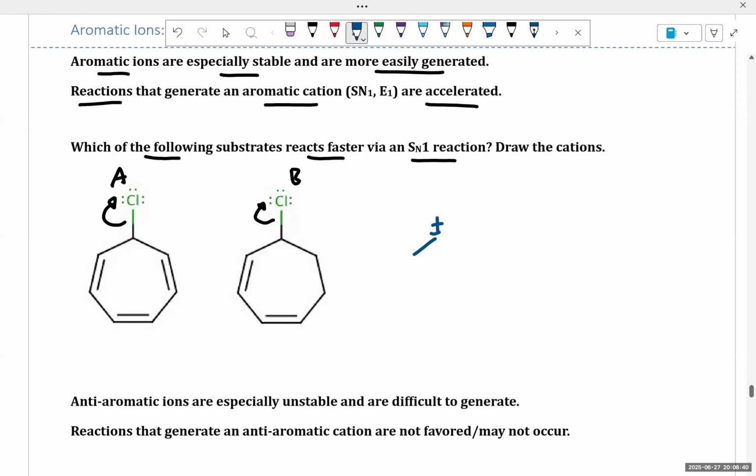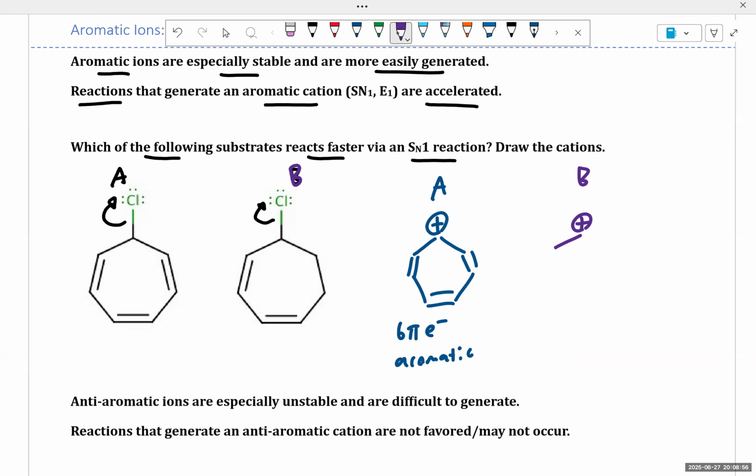For compound A, we'd make the following cation, which has 6 pi electrons and is aromatic. So it's very easy to make cation A. By comparison, cation B is conjugated, but it's not aromatic.